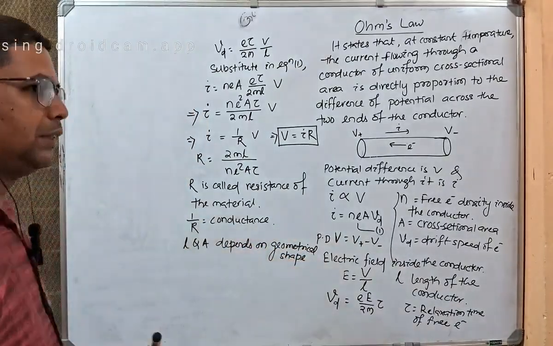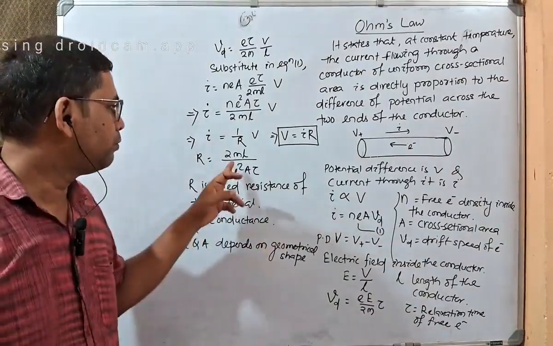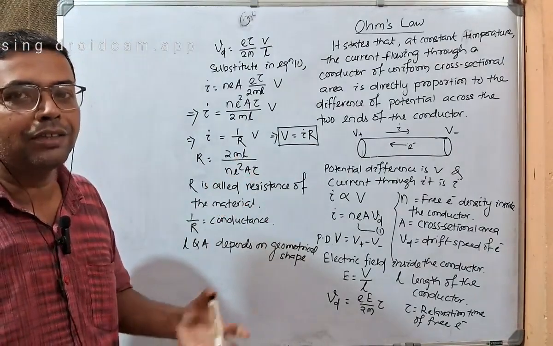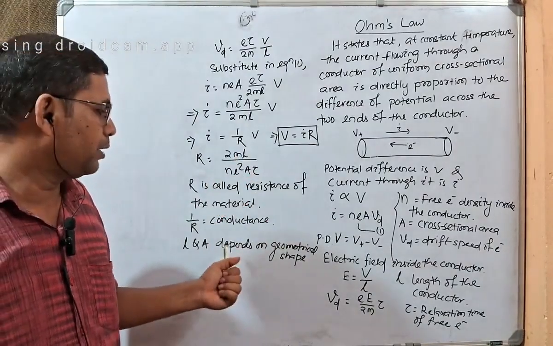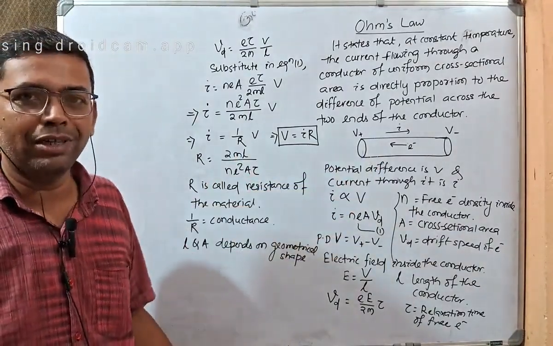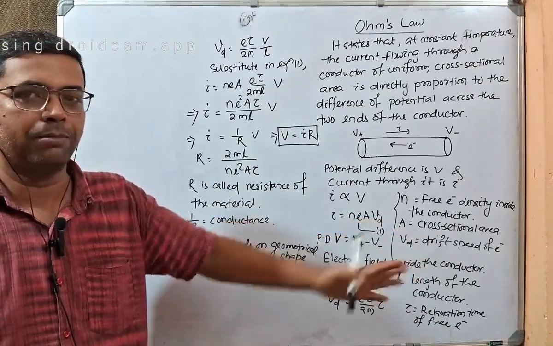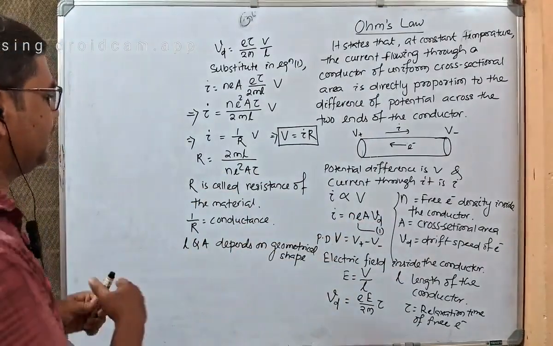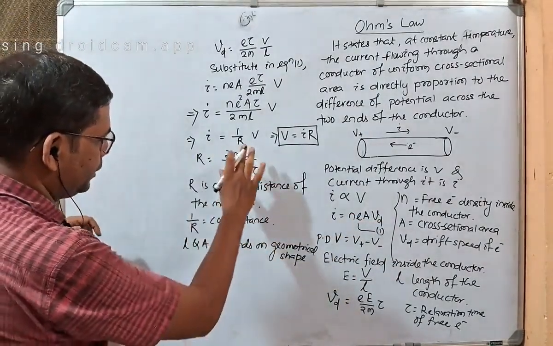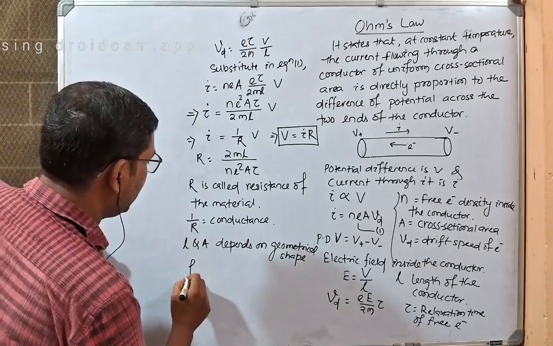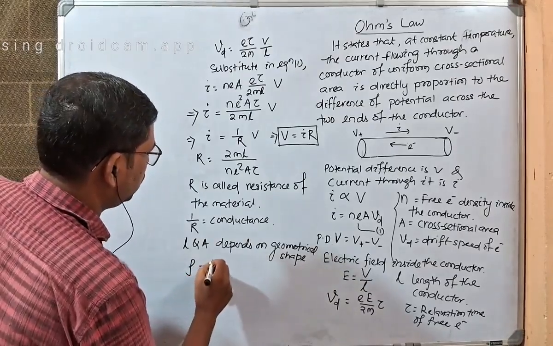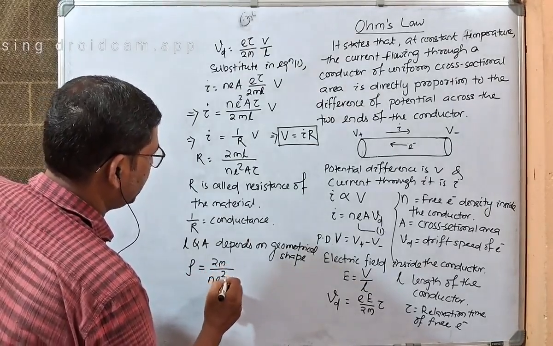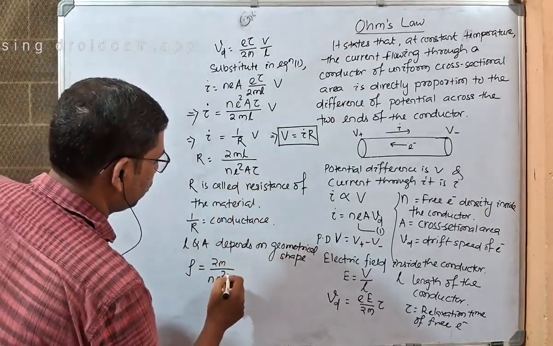Here m is the mass of the electron. So it doesn't matter which material you are taking. If I remove the geometrical part, the rest I will write as rho is equal to 2m by n e square tau.